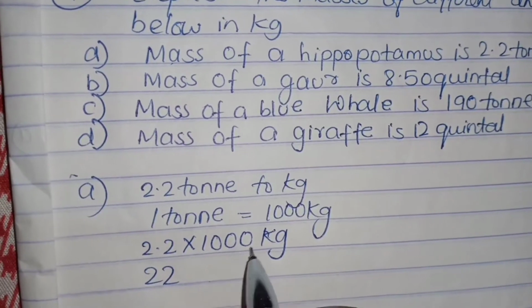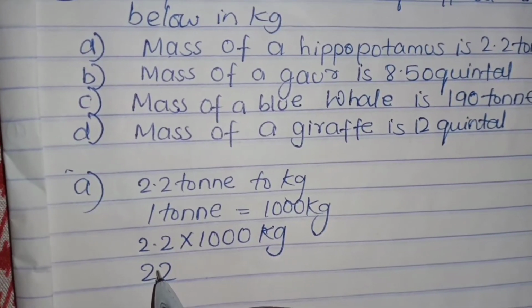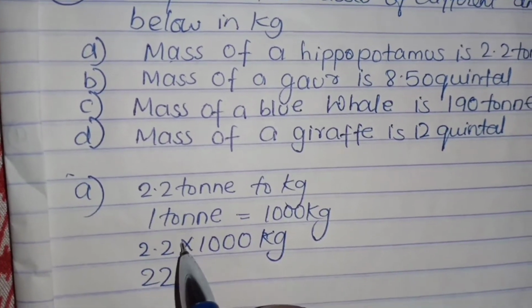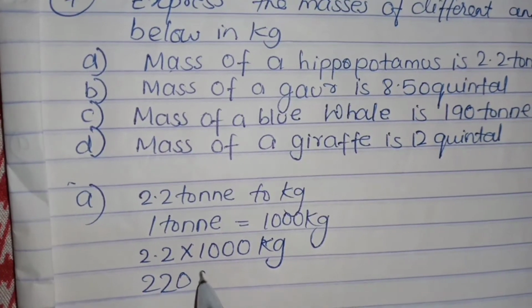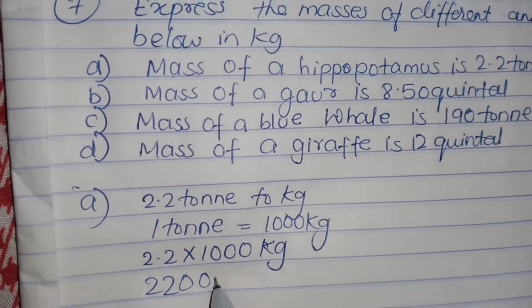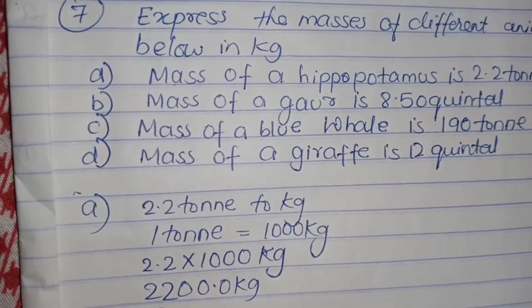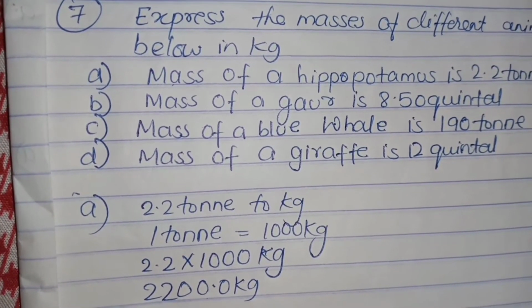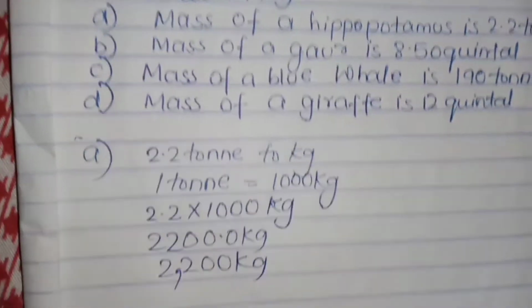Now how many zeros are there? 3 zeros. And where was the decimal? Between these two. So from here we will take 3 jumps, to the right side, because it is multiplying. 1 2 3. So 0.0 came in kg. No need to write this 0.0, just write 2200 kg. You can even put the comma.